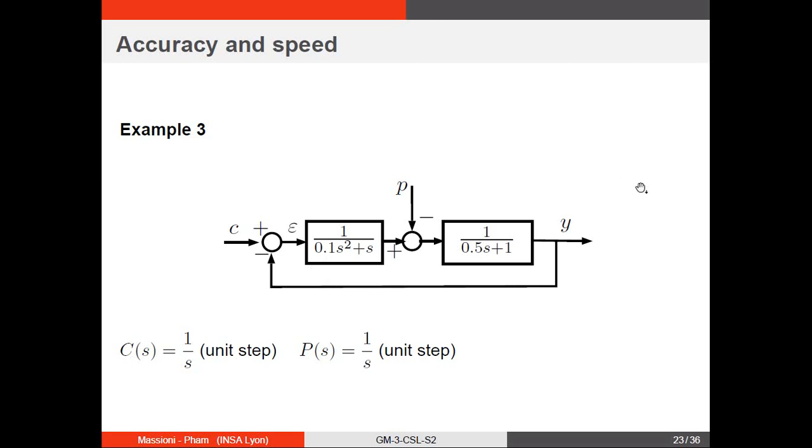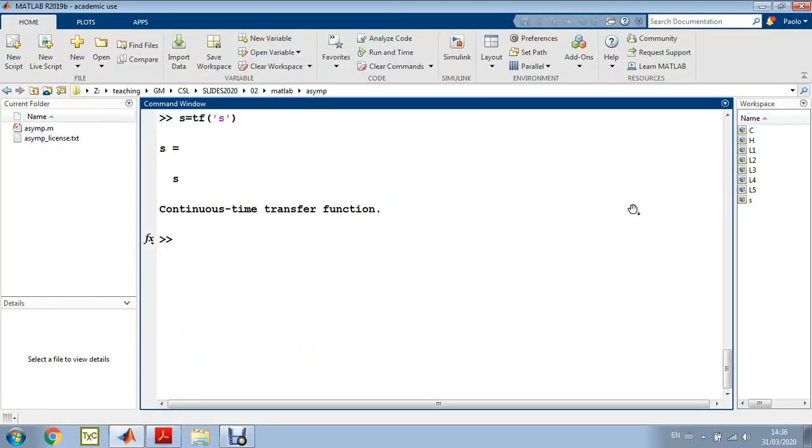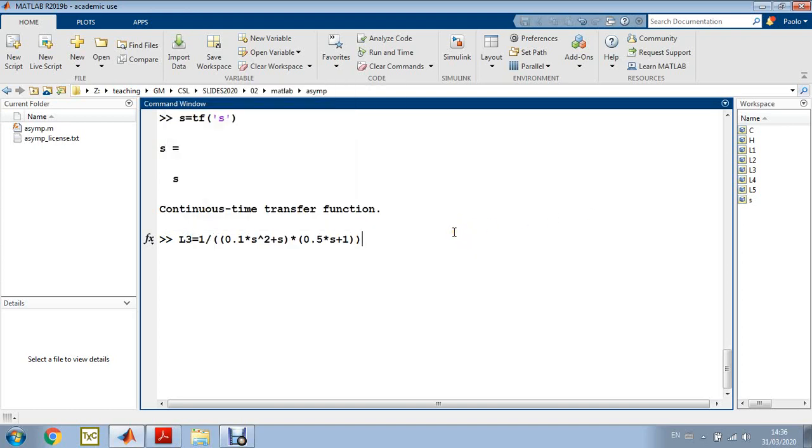So let's basically move to MATLAB. Let's move to MATLAB and do it here. So this is the third example, so I call the loop transfer function of the third example this one, which is a bit complicated, but I can apply both the criteria.